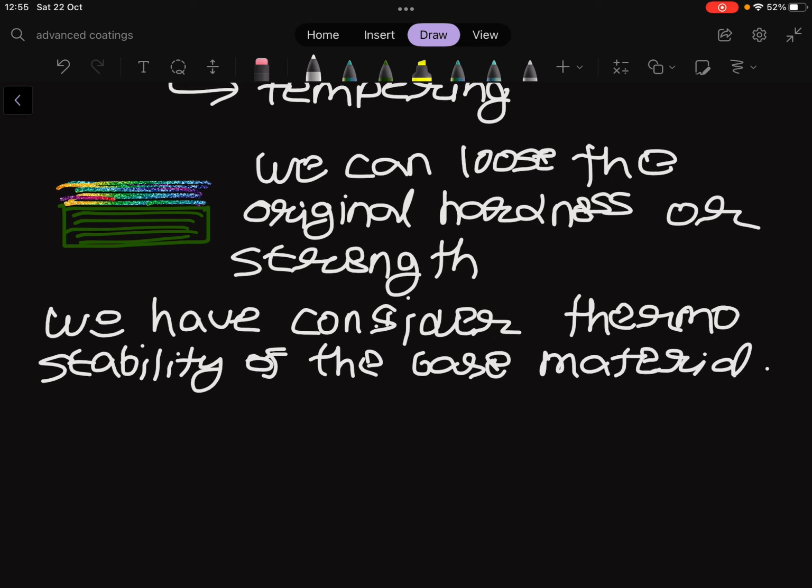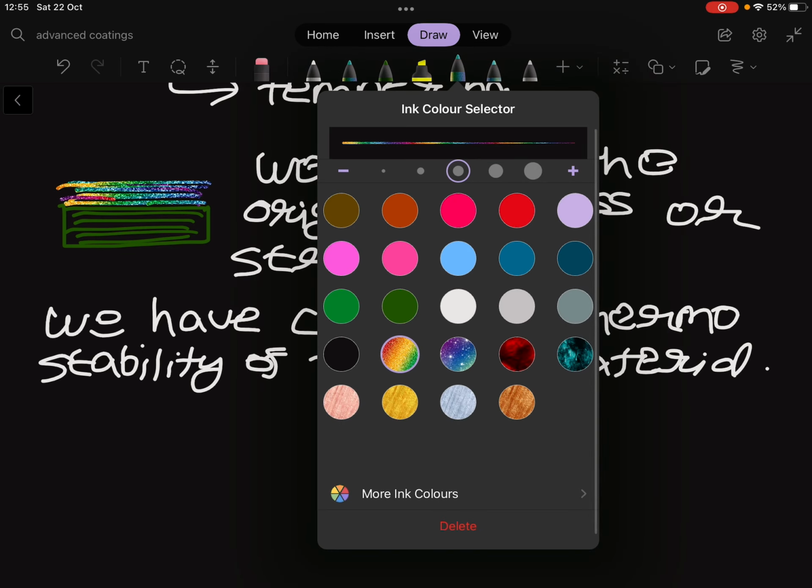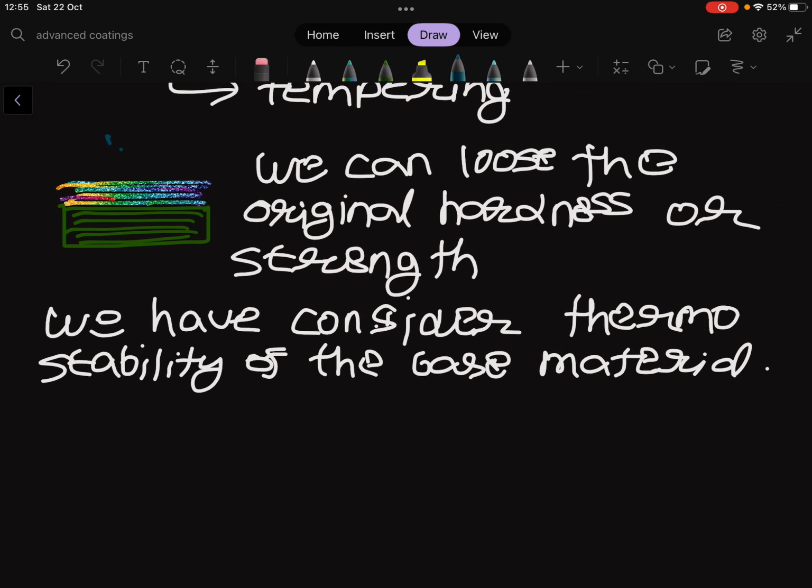So typically we combine a hard coating with a soft substrate. So this is a soft substrate.